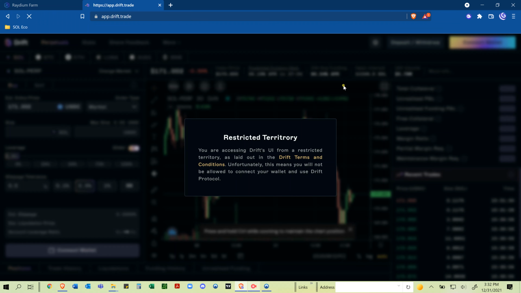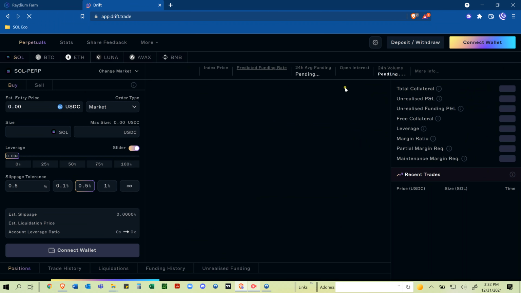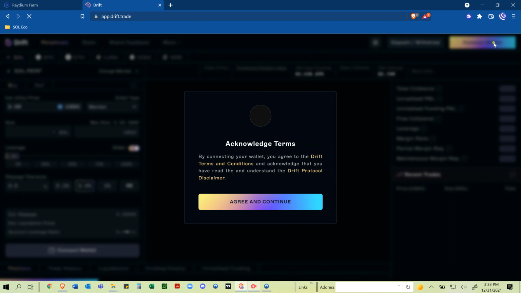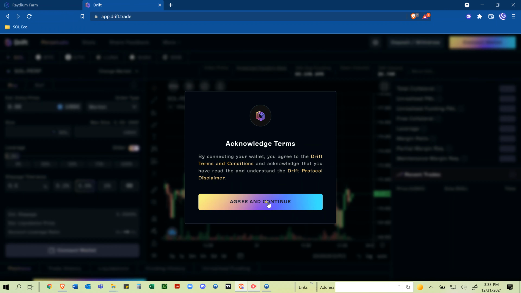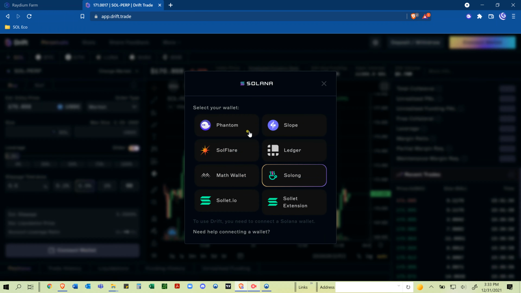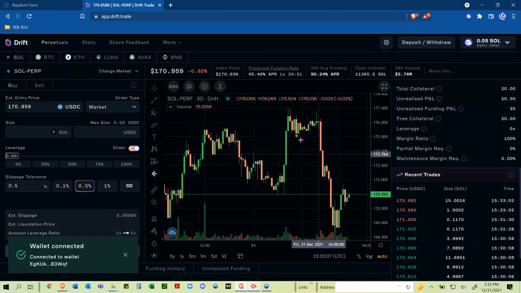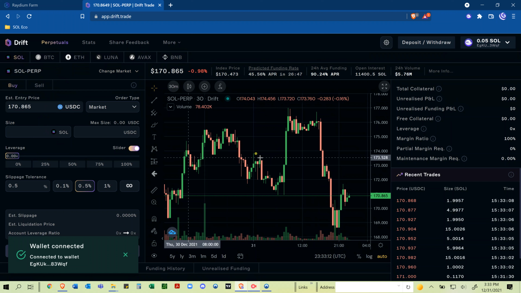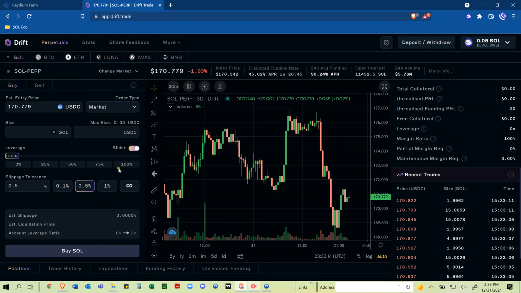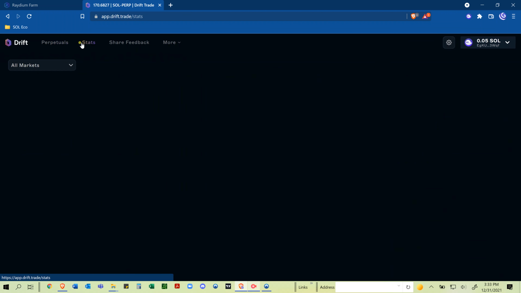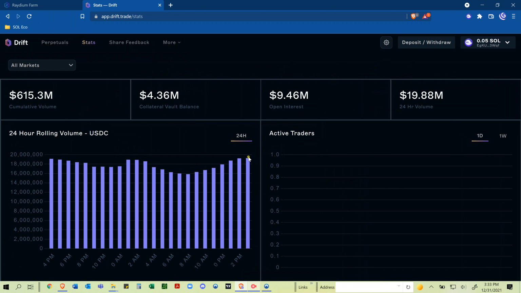Oh, I actually need to do the hard refresh. Going to connect the wallet. Now I can connect. Really simple stuff here. You can choose your leverage based upon your collateral, and you can trade.